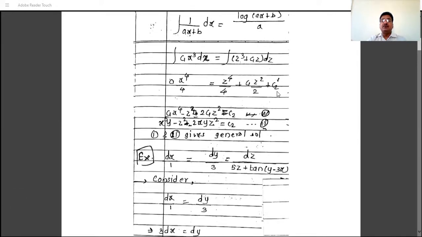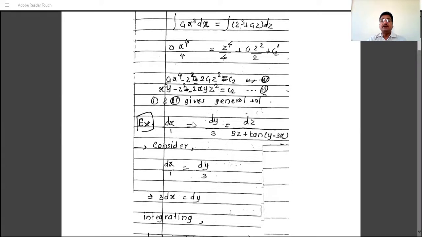And add the constant of integration, suppose c2 dash, and then multiply by 4 throughout. Therefore we have c1 x raised to 4 is equal to z raised to 4 minus 2c1 z square, is equal to 4 into c2 dash, and suppose 4 into c2 dash is c2. Therefore this is the second solution.